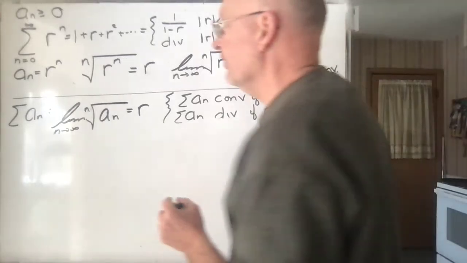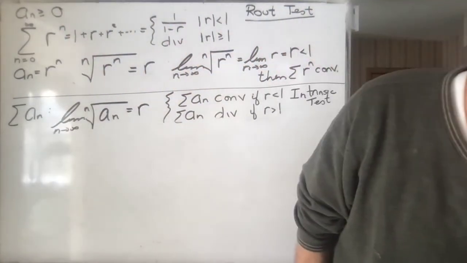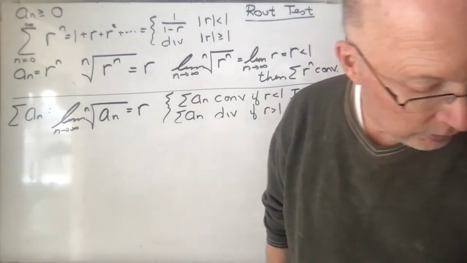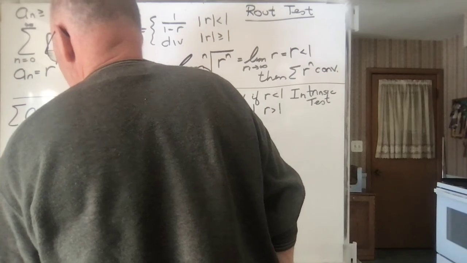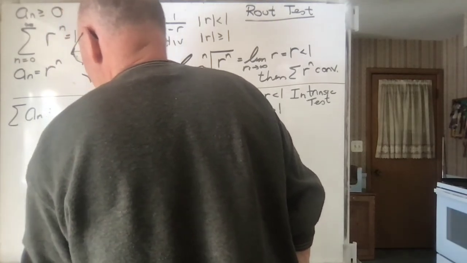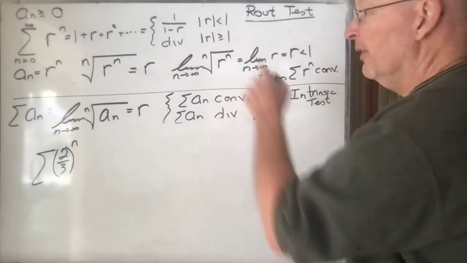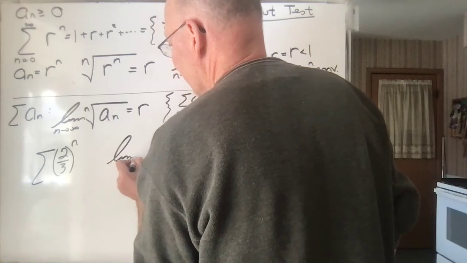So as an example, we could use it on the geometric series if we wanted to. Here's the geometric series. We know that this thing is going to converge by the geometric series, but if I use the root test on it, what does the root test say to do?